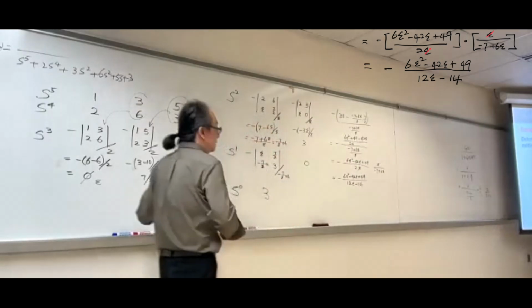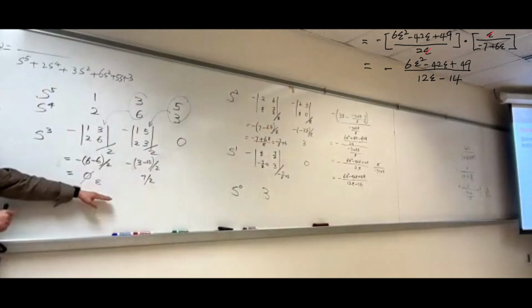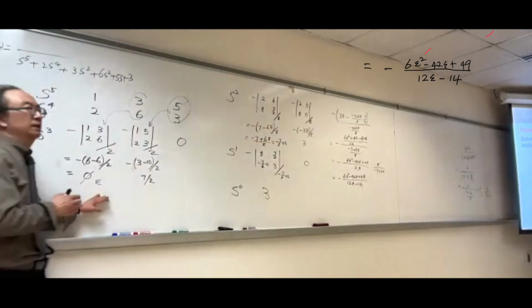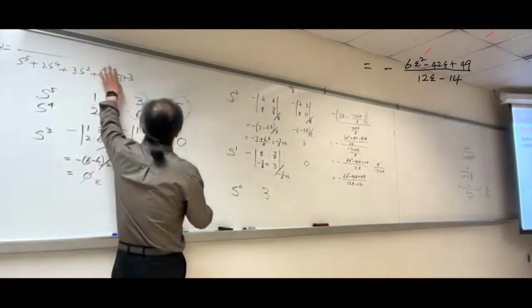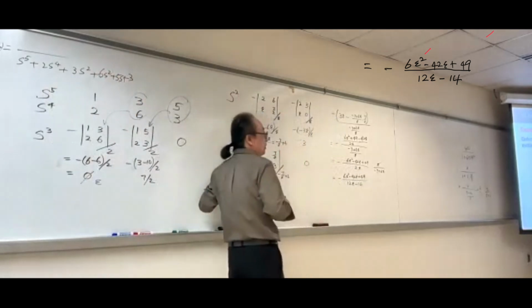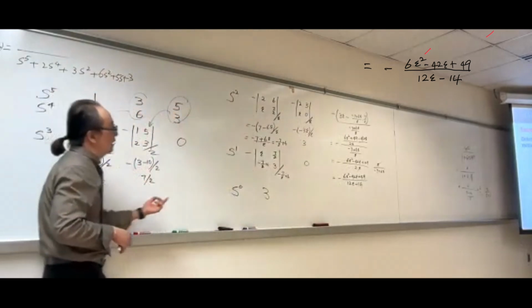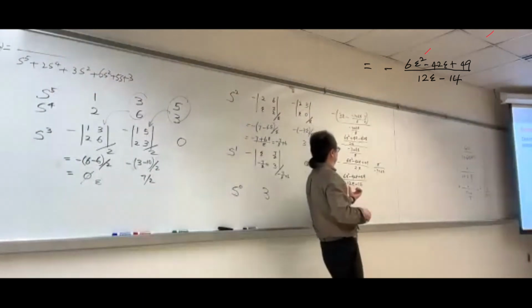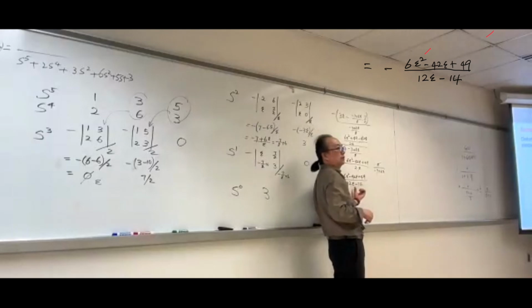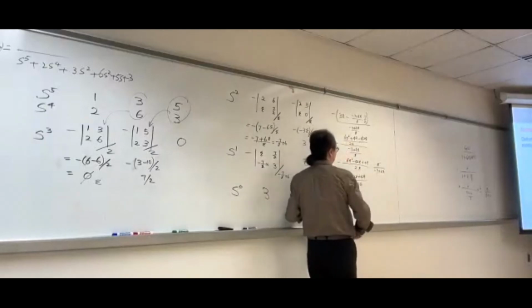Why are we doing this? To check how many poles are in the right half plane, so that we can identify whether this transfer function is stable or not stable. And we do care about the sign changes in the first column, right? Now, this guy, it's kind of hard to see what happens when epsilon is positive or negative.